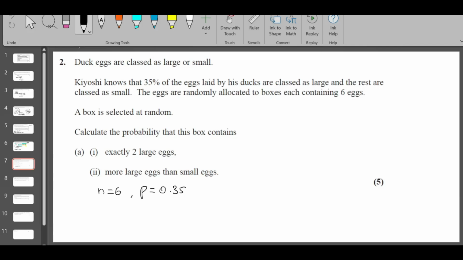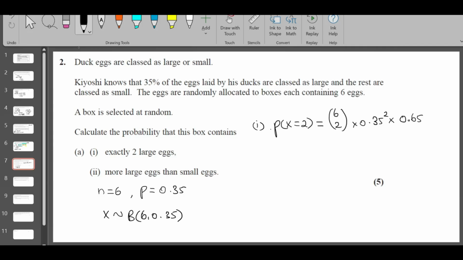Large eggs. A box is selected at random. Calculate the probability that this box contains exactly 2 large eggs. We need to write the variable. X follows binomial distribution of 6, 0.35. So for part i, we need to find P of X is equal to 2, which is 6C2 p to the power 2, q is 1 minus p, to the power 6 minus 2.